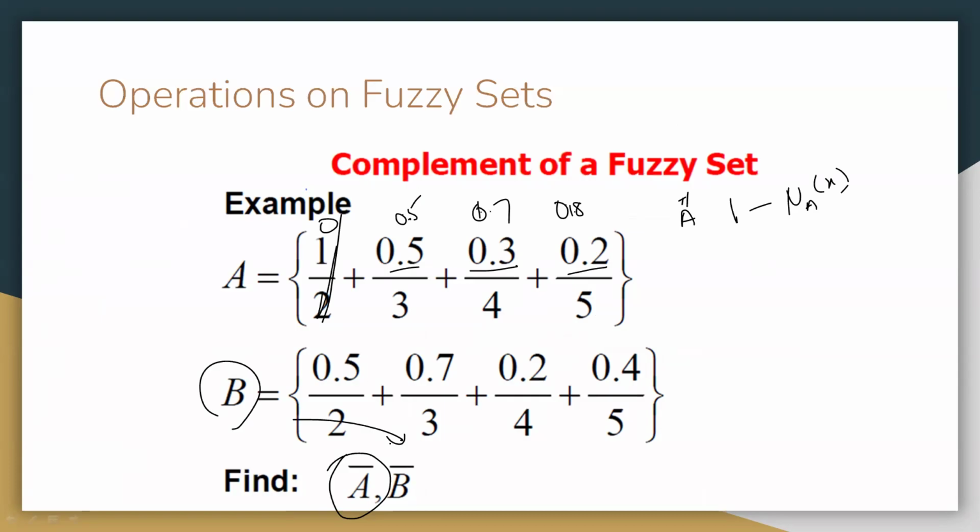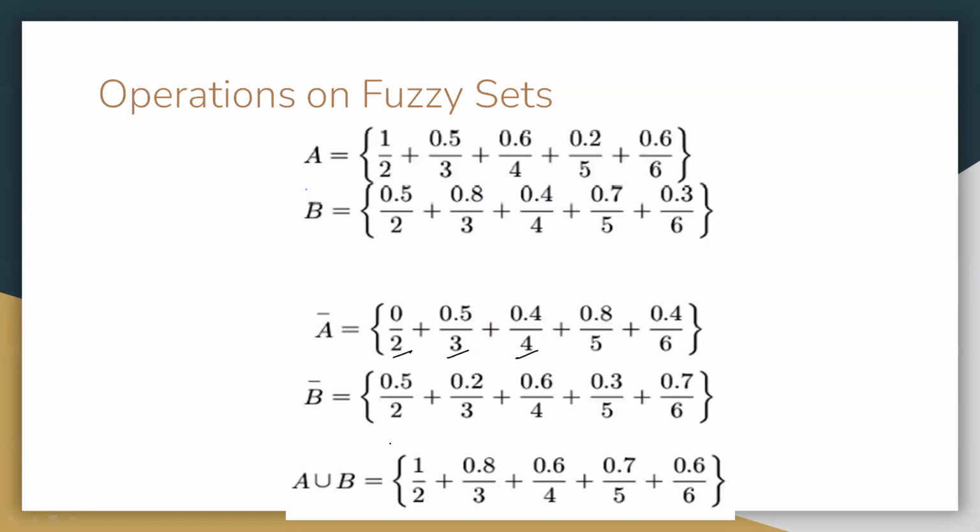Just do 1 minus the existing value. This is another example. Given these values A and B, you can see how this was initially 1 and after complement it becomes 0. So actually there is no more association. It will be out of the set now. In A complement, 2 is not involved in the set because the association is 0.